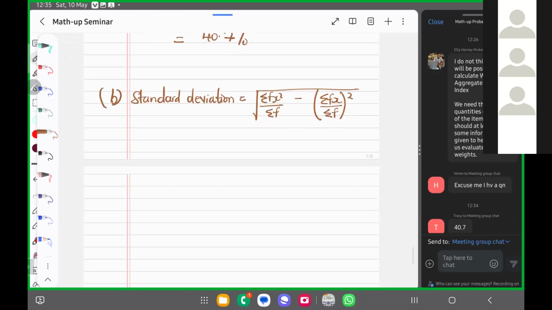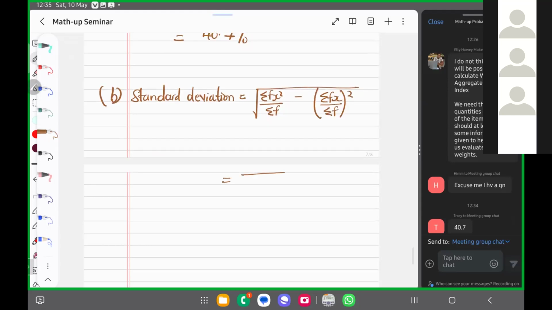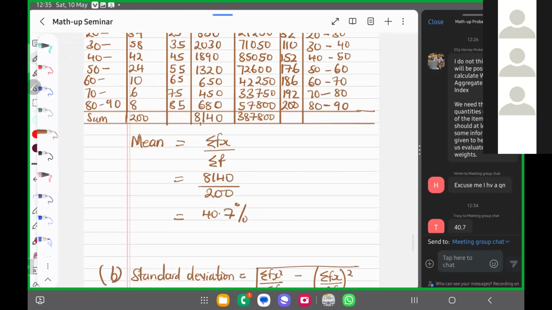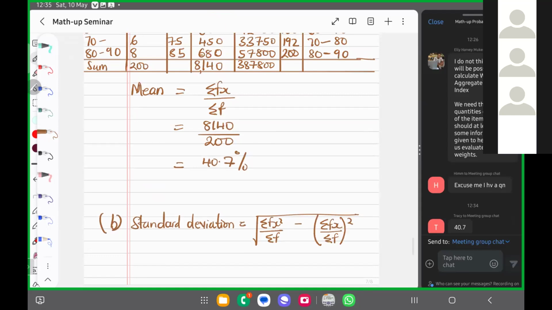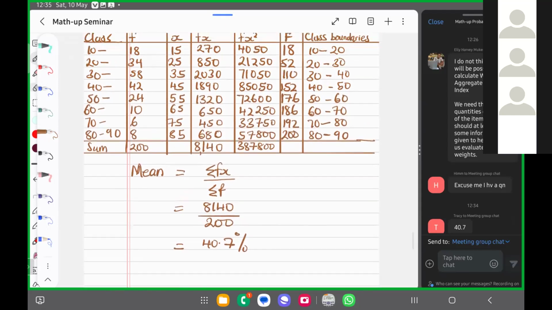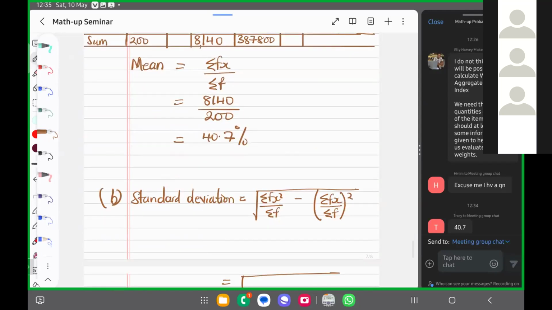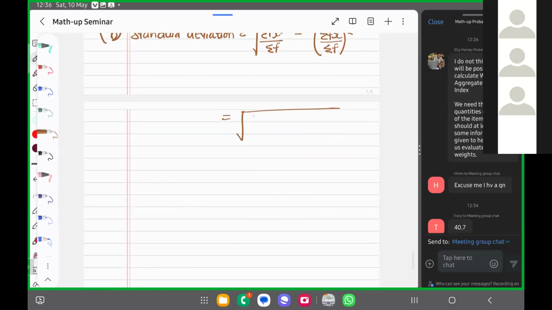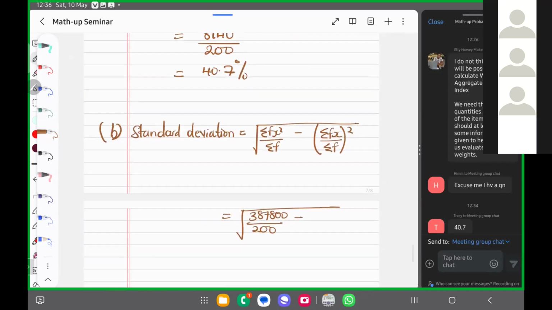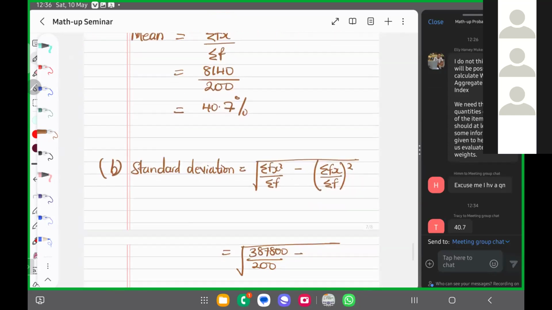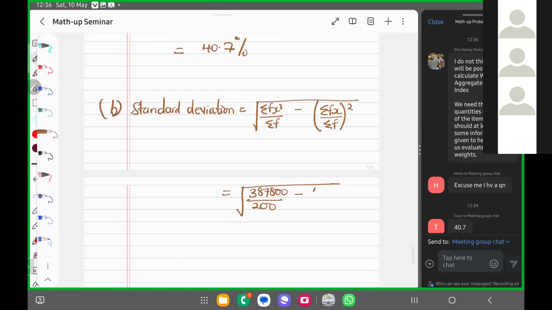So when I substitute, I'll have the square root of summation of fx squared, which is 387800, out of the frequency, which was 200, minus the mean, which we got as 40.7, but squared.